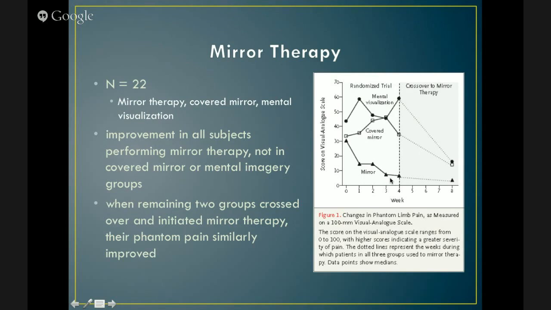Then there was a crossover: those who were getting the others, which didn't really show any improvement in their pain, after week 4 got switched over to a mirror therapy program, and the remainder of those patients actually found significant improvement in their phantom limb pain. So again, small study, probably needs to be reproduced on a larger level, but it's one of the reasons why we at least try it.